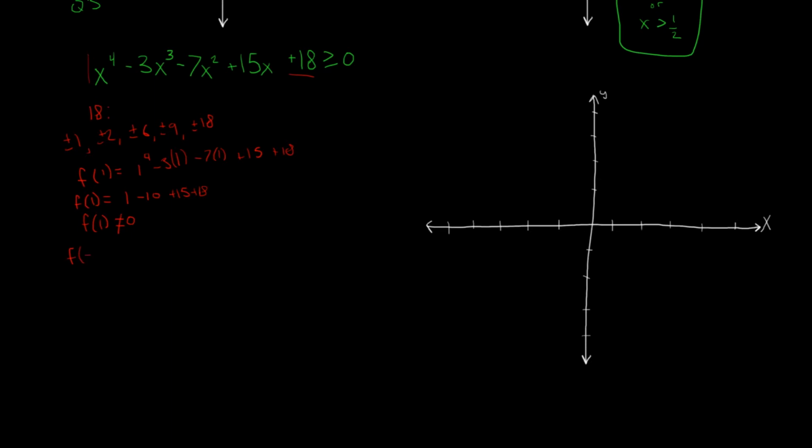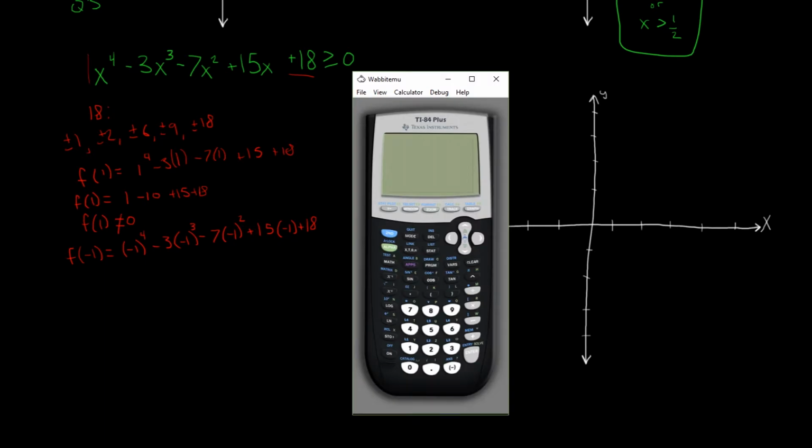Let's try another one. Let's do f of -1. So now I'm going to replace all of these with negative ones. Minus 3 times -1 cubed, minus 7 times -1 squared, plus 15 times -1, plus 18.